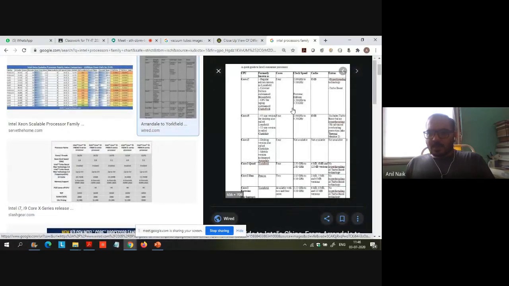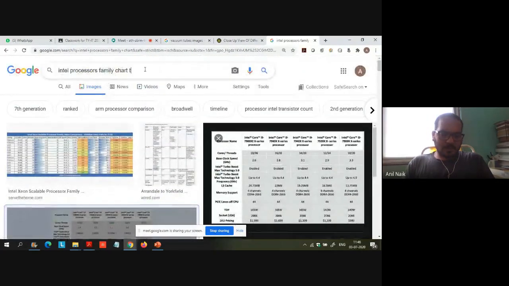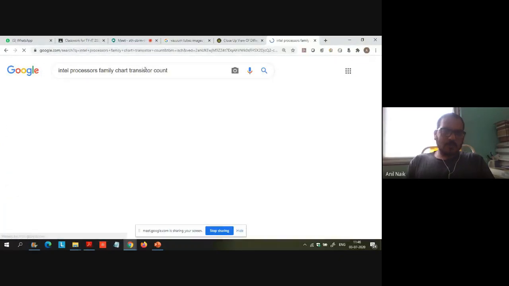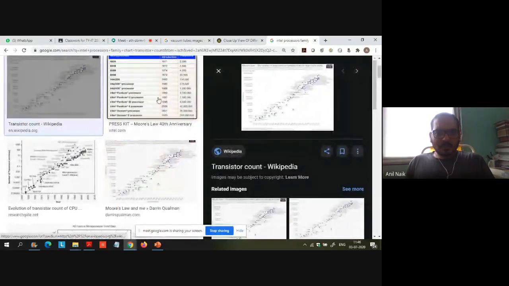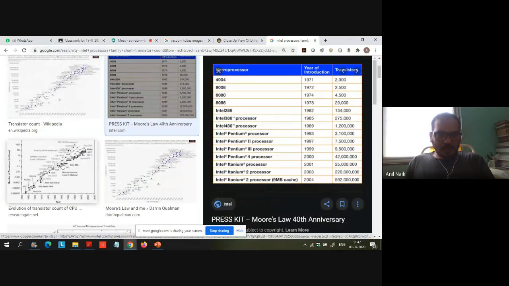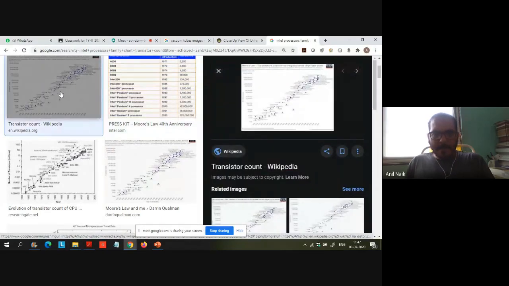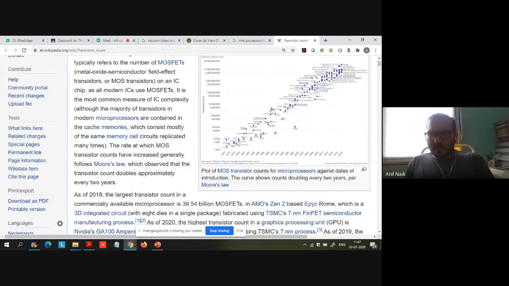It went up to i7 processors. This was an old chart.